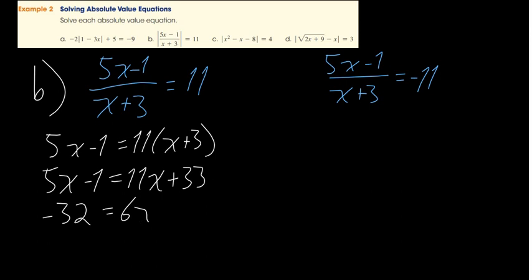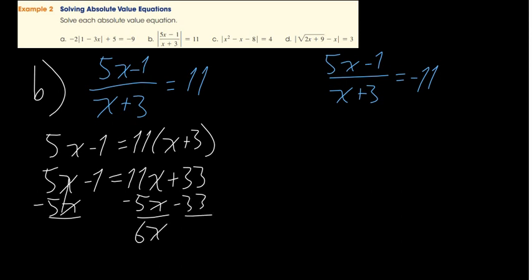Sorry about that. Let's try that again. We're going to subtract 5x from both sides, like this. By subtracting 5x here, we've got a 6x, and then subtract 33 here. So by doing that, we have negative 34.